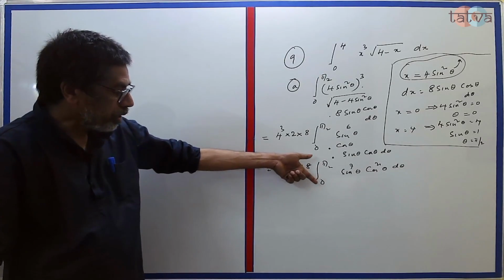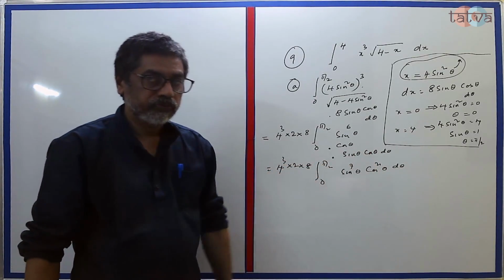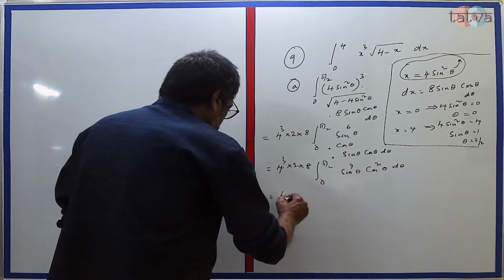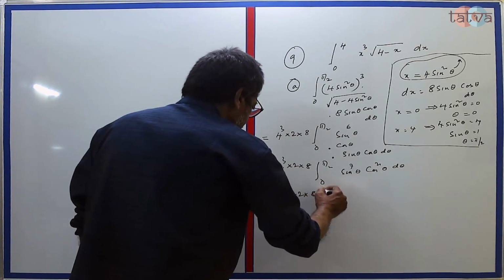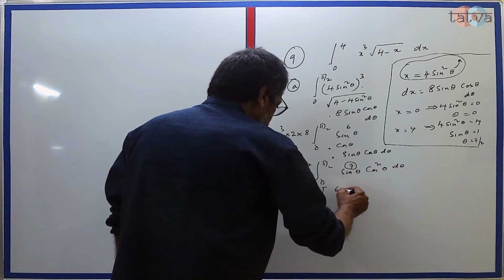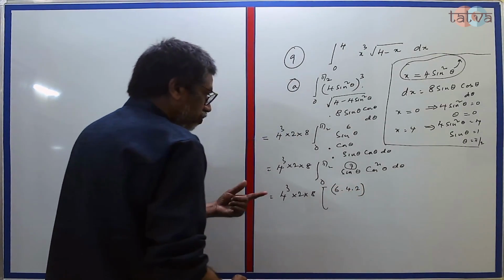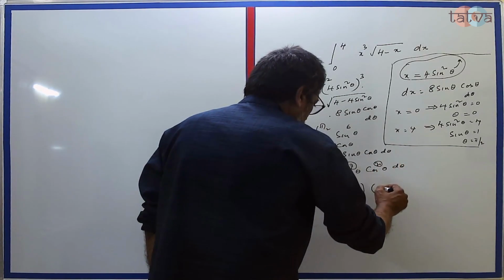A 0 to pi by 2 integral involving sine and cos will never be 0. So we'll just apply a reduction rule. 4 cubed times 2 times 8. Begin with 6, constant reduction by 2 numbers: 6, 4, 2. Take this, reduce by 1 number.